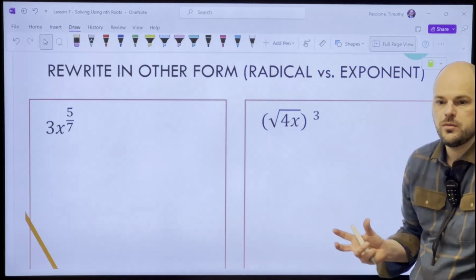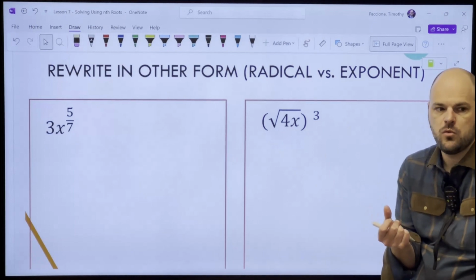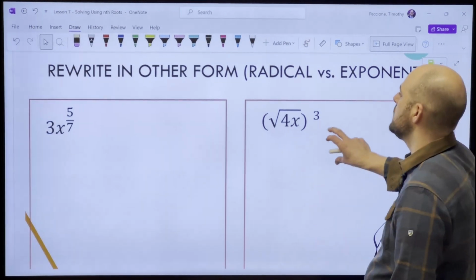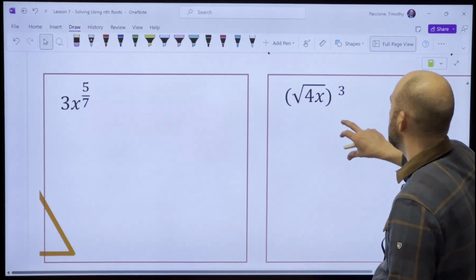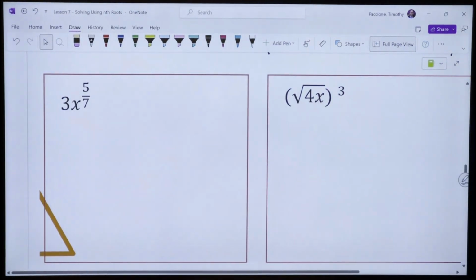So I'll just say be careful, okay? And this is your opportunity to catch yourself before a quiz, okay? So be careful, think about what you're doing, and just rewrite them in another form. There is one that you could evaluate a little bit. That's your extra points if you want to do that. But I'm just asking you to rewrite right now, okay?